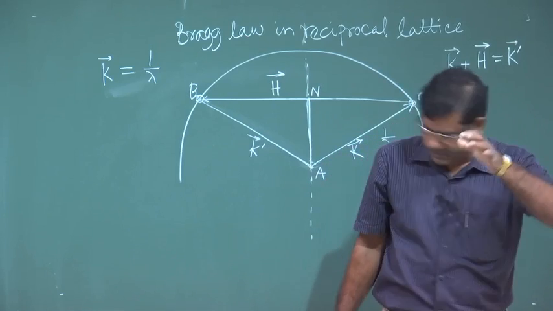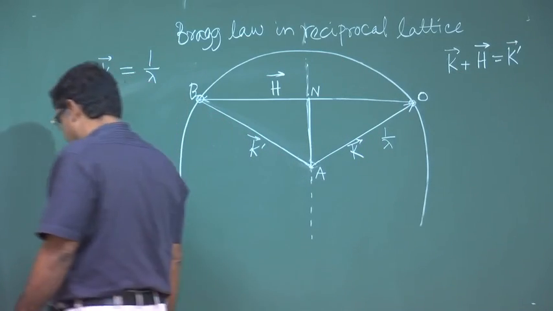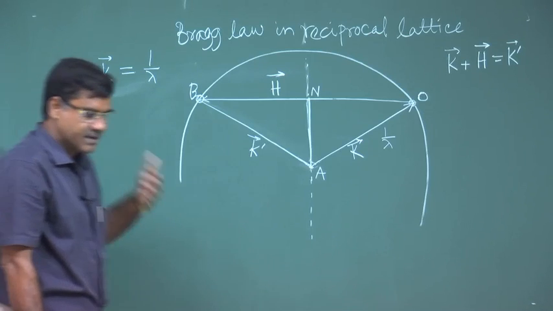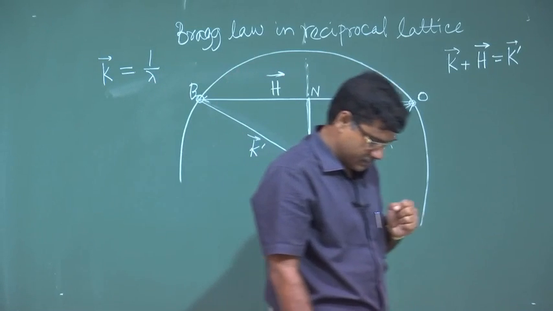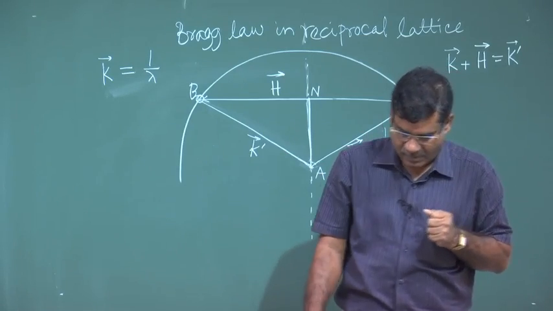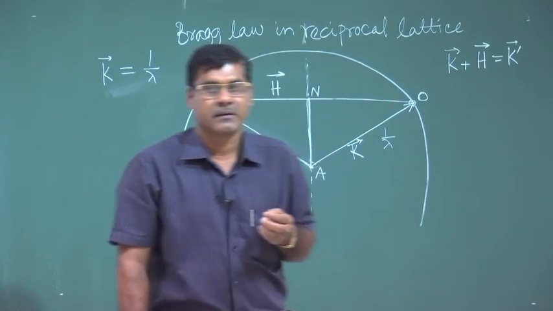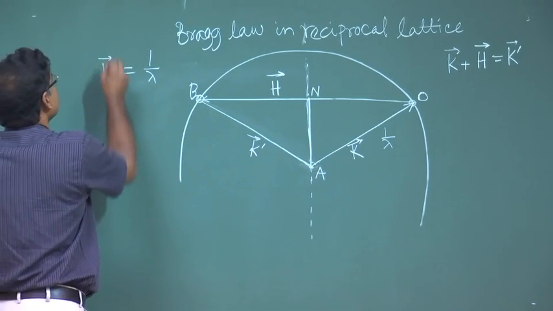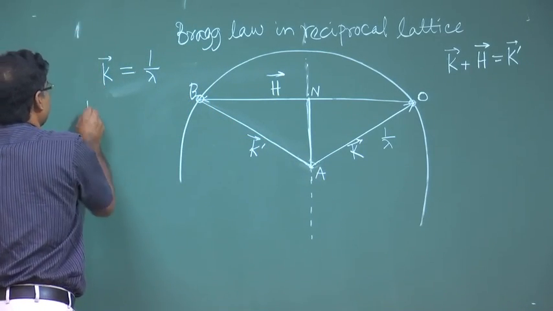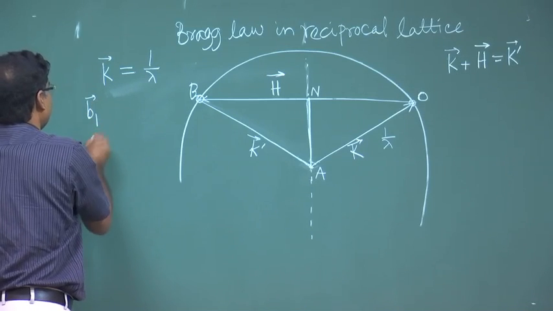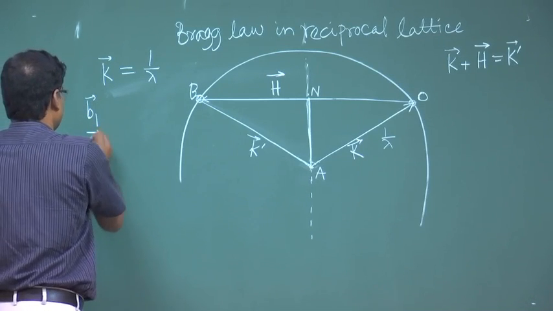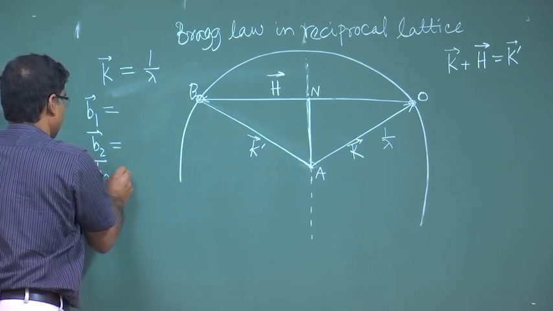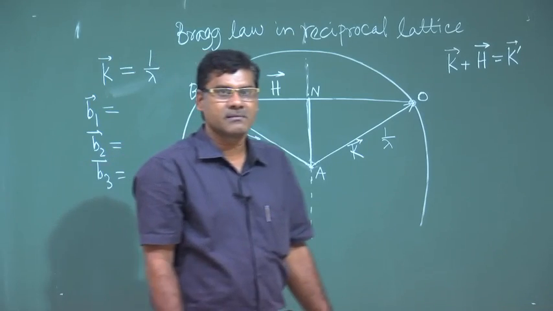Now, I have to tell you one additional piece of information. In the definition of the reciprocal lattice axes b1, b2, b3, what was the definition?